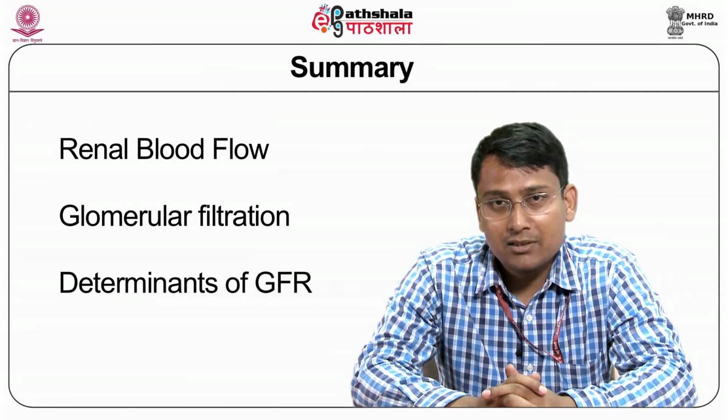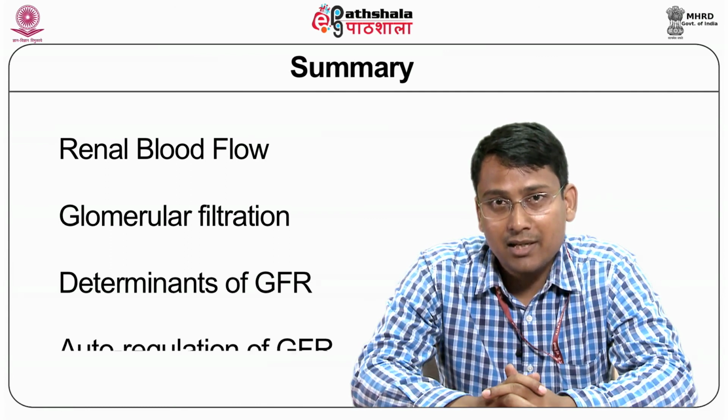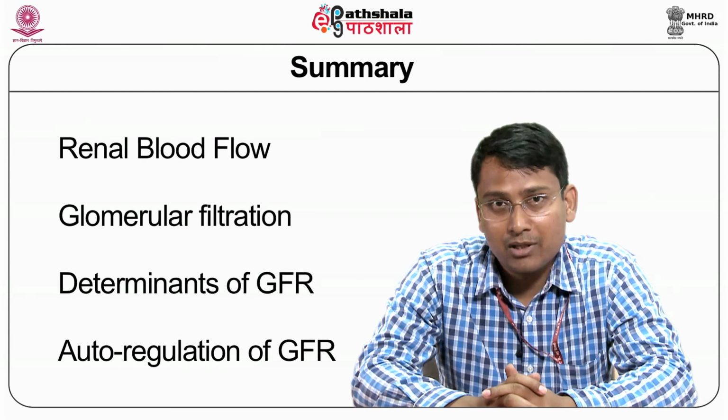Then we discussed the Starling forces, which are the determinants of GFR, and the factors that affect these individual Starling forces separately. To maintain urine output, kidneys autoregulate the GFR and renal blood flow by altering the resistance of the afferent and the efferent arteriole.